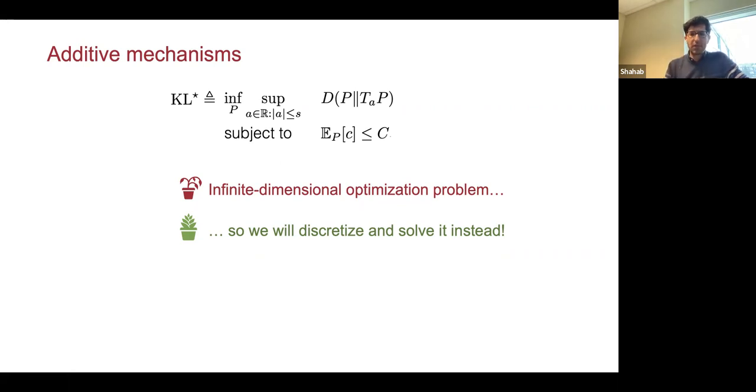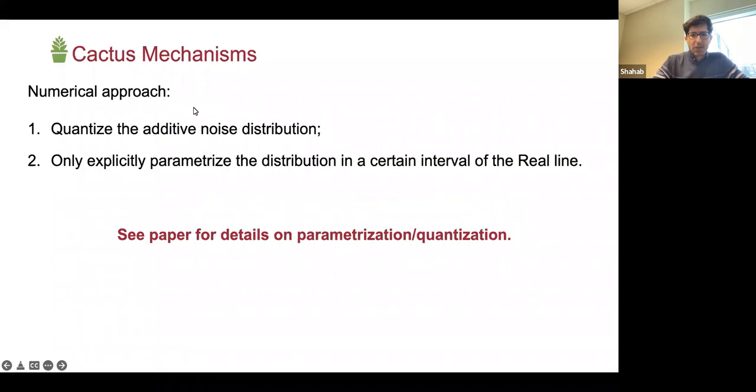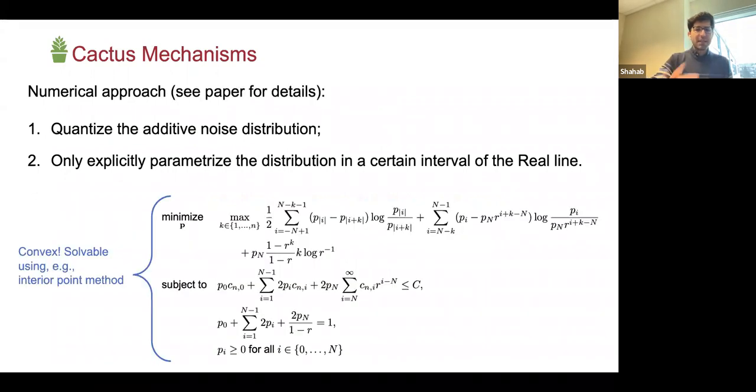That was the hope. Just a piece of notation, let's call the value of this optimization KL star. We quantized the additive noise distribution and explicitly parameterized the distribution in a certain interval on the real line. It's a very messy analysis, but you can see the paper for the details.